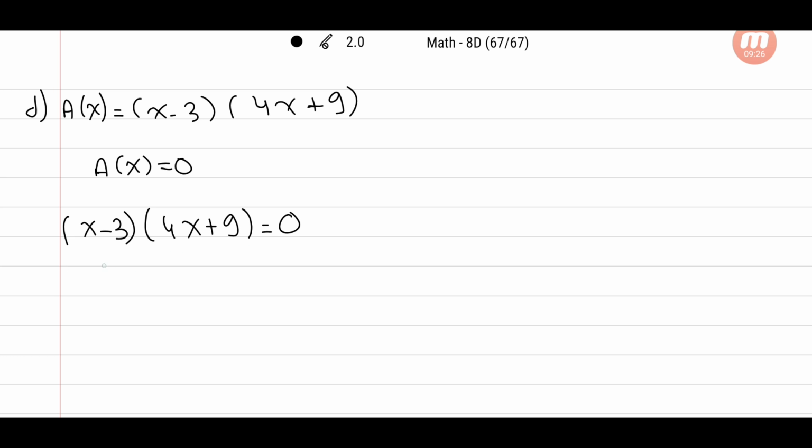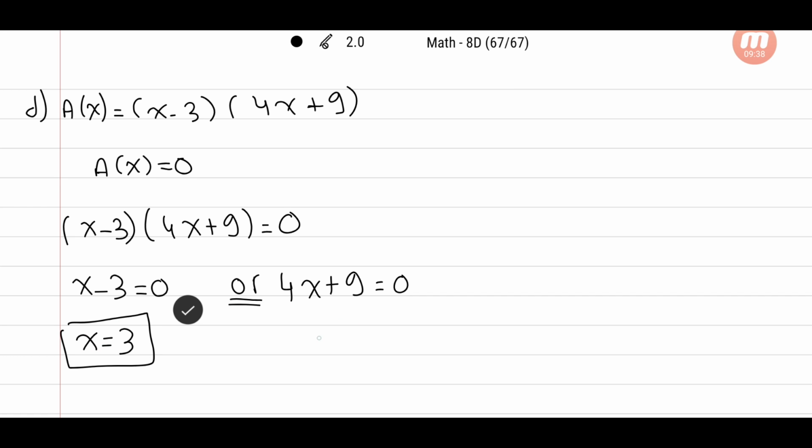I take x − 3 = 0, or 4x + 9 = 0, so x equals 3. I'm done with the first solution. Now 4x = −9, x = −9/4. This is my second solution, and we're done for today.